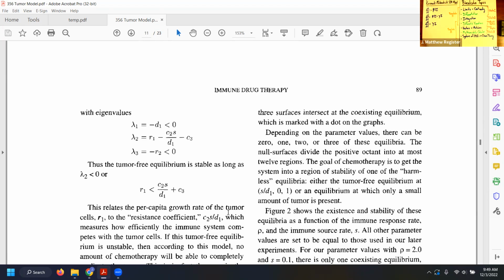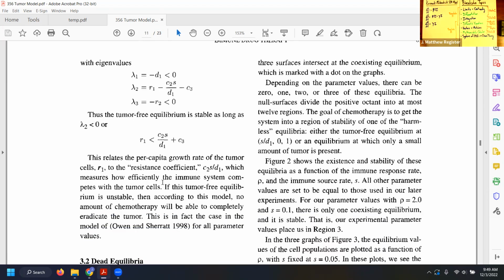The equation is tied to the resistance coefficient. And so that's how the tumor cells are going to resist the drug. But it's also tied to how much of the drug is introduced into the system. And so what this is telling us is that if we can introduce the correct amount of drug into this system, it will cause the tumors to stop growing.